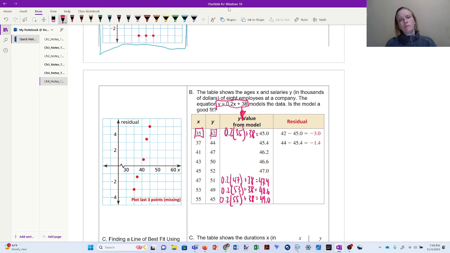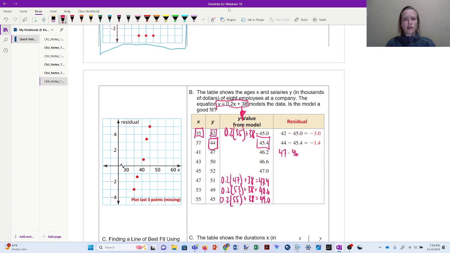So if I do the subtraction now, the true y value minus the y value from the model, 42 minus 45 is -3. And then moving down the list, 44 minus 45.4 is -1.4.